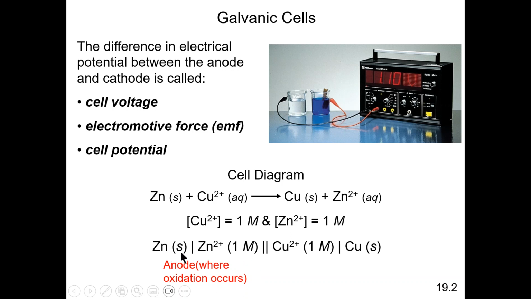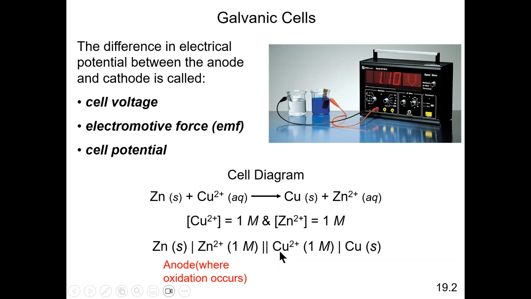We should also include state symbols. Since zinc is a solid, we put the state symbol for zinc right here. Then we draw 2 lines. The 2 vertical lines represent a separation between the 2 half cells, just to make a distinction between the 2 of them.